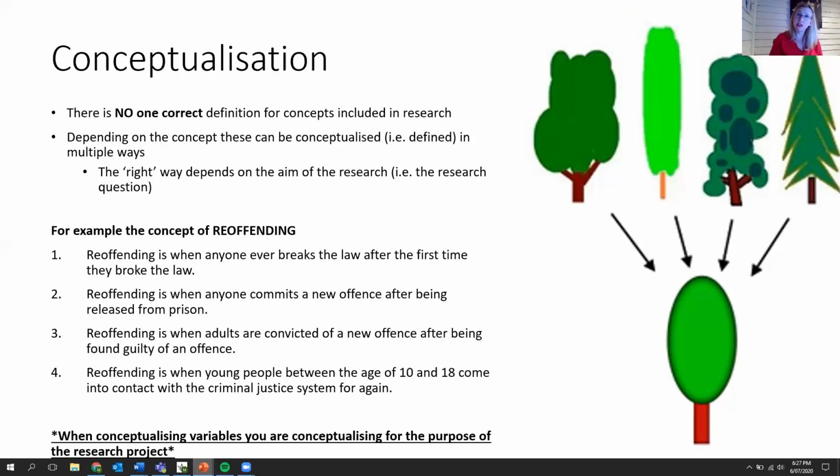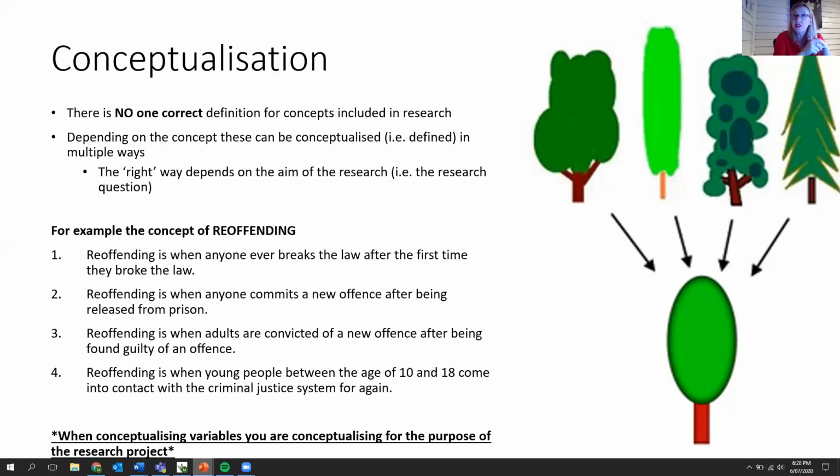This means you've broken the law, you go to prison, and then once you get out, any offense you commit after that is looked at as reoffending. But it's only applying to a particular population here, people who have already been to prison. So again, that changes the focus. Imagine if you're doing a study, that might completely change who would go into your sample, okay?